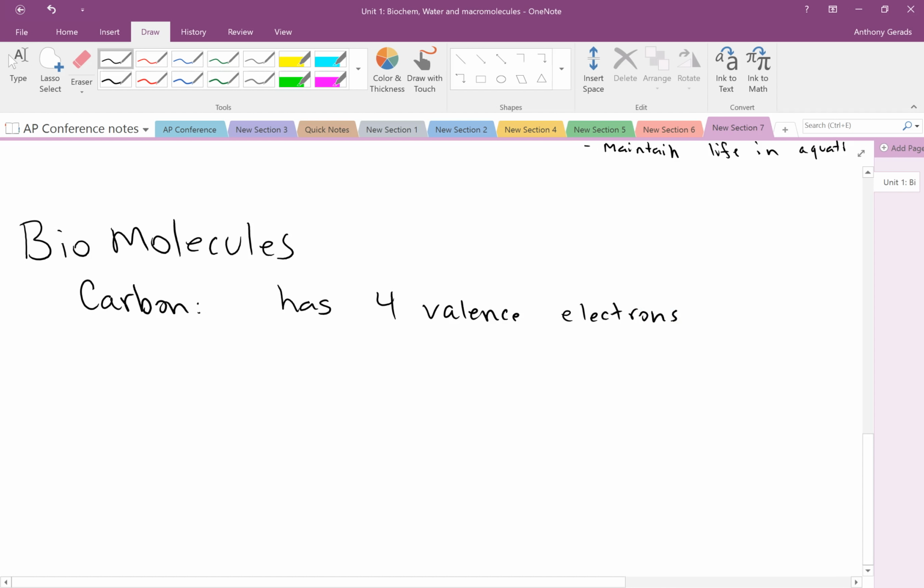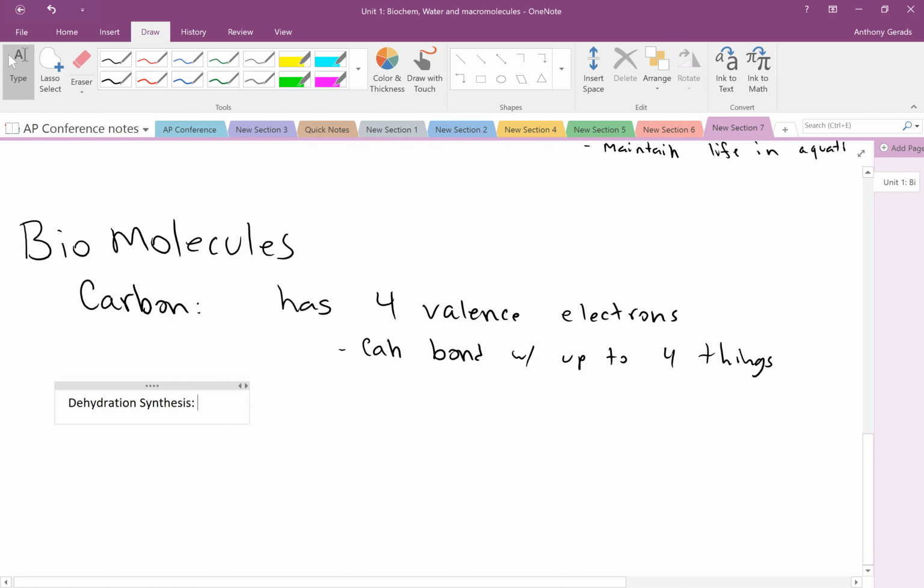Okay, so it has 4 valence electrons, meaning it can bond with up to 4 things. Okay. And so there's 2 big terms that we've got to talk about for biomolecules. All right. Big term number 1 is going to be dehydration synthesis.